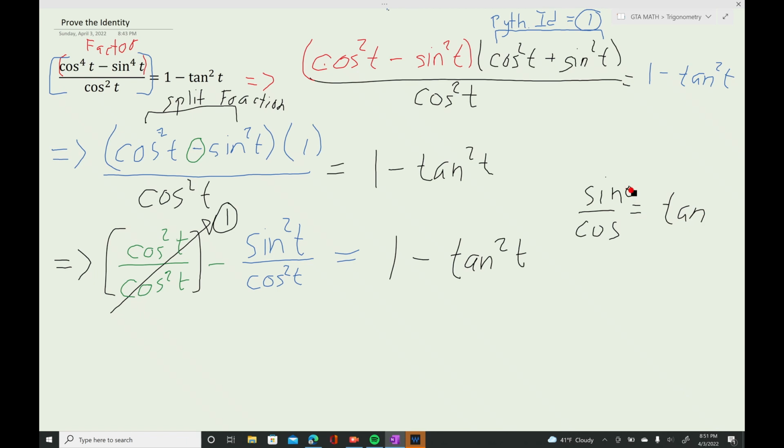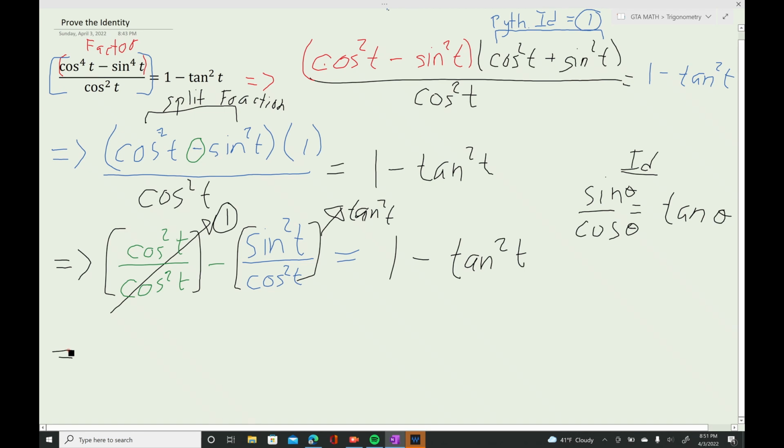I should put theta here, even though it's t. Right? This is an identity as well. So right here, we're going to just say this becomes tan squared t.